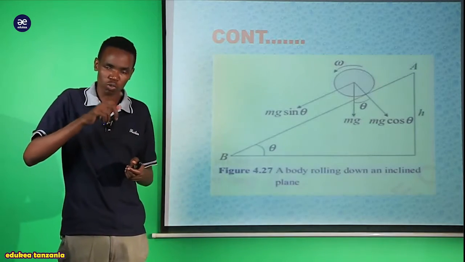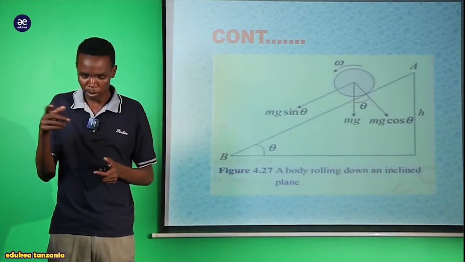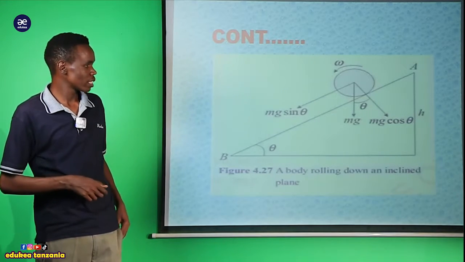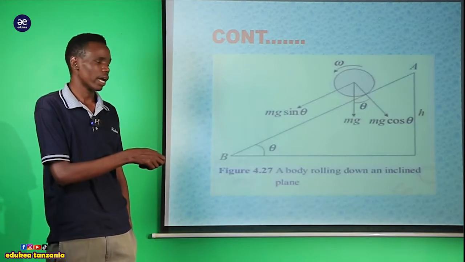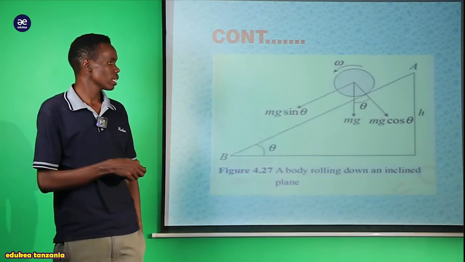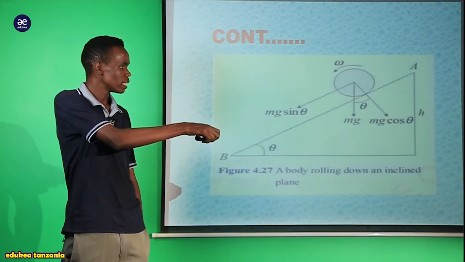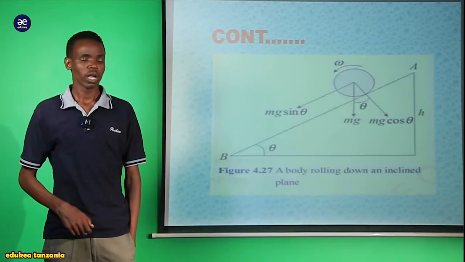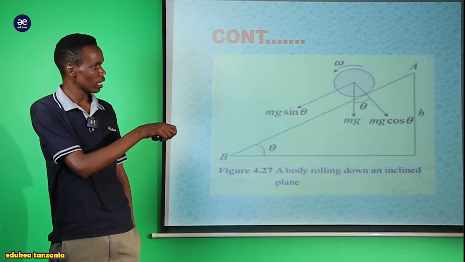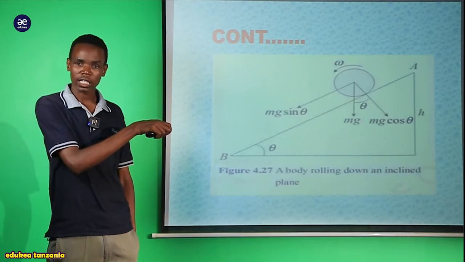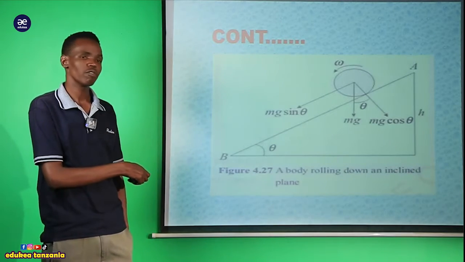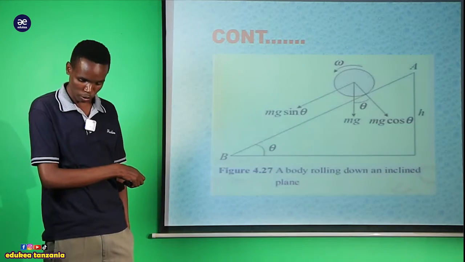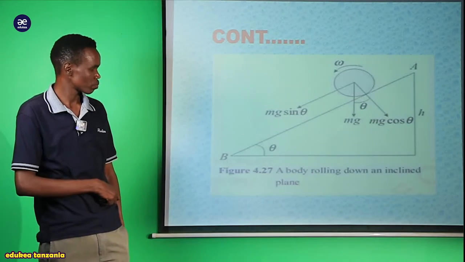The body is trying to roll on an inclined plane, as we observe on our figure. This is our inclined plane, having the height h, with the point A indicated at the top, and the point B located at the bottom, as we try to observe here.